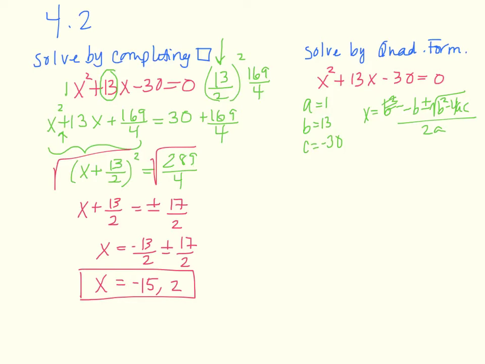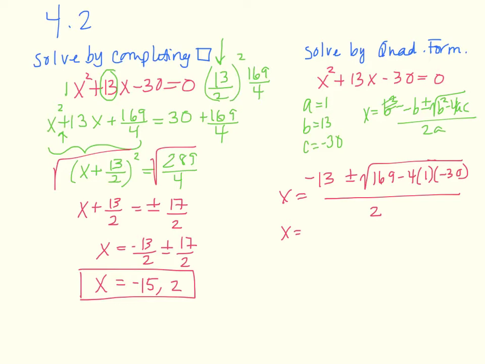So plugging those in, I'm going to have negative 13 plus or minus the square root of 13 squared, which is 169, minus 4 times 1 times negative 30, all over 2 times 1, which is 2.